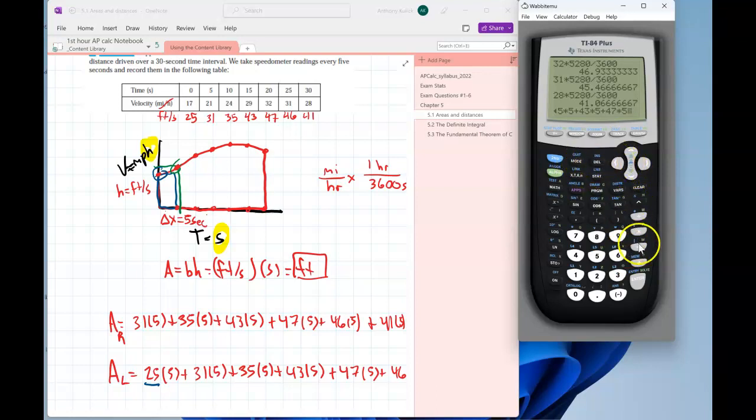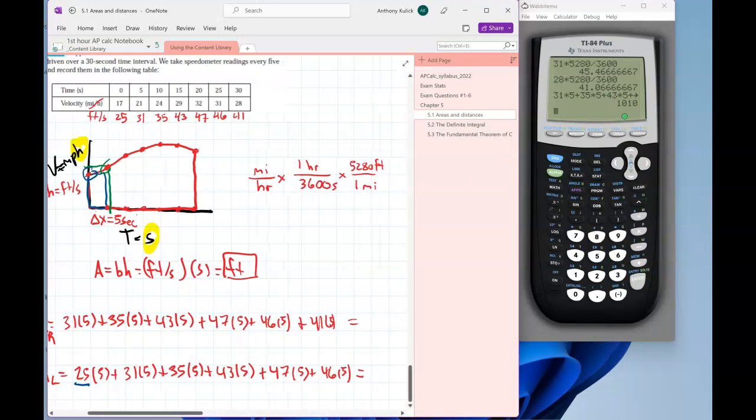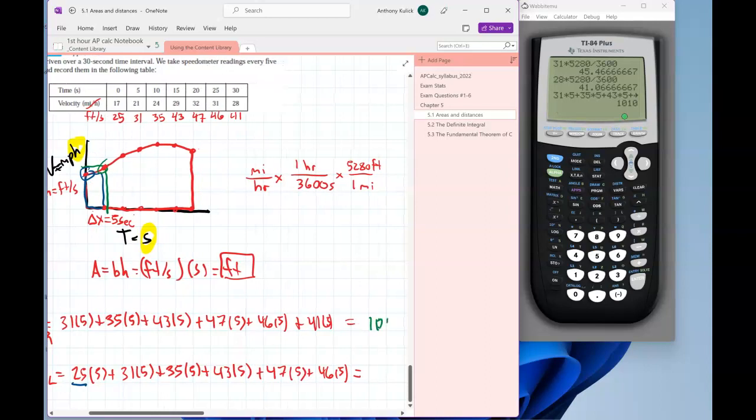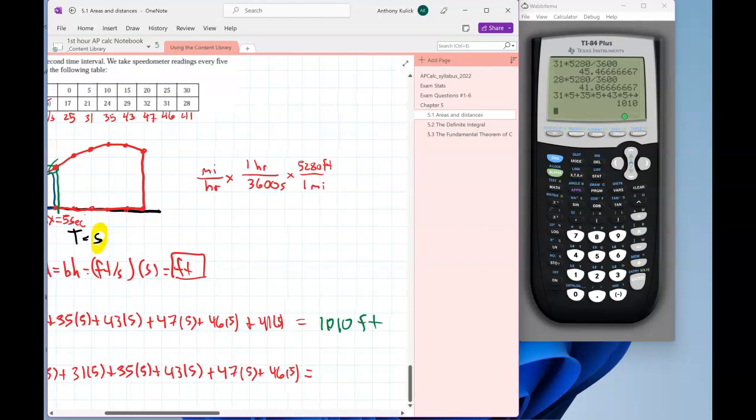So 1,010 for my right hand. I guess those are feet.